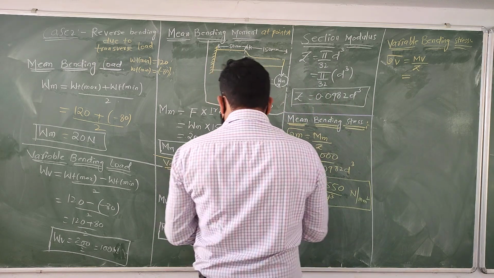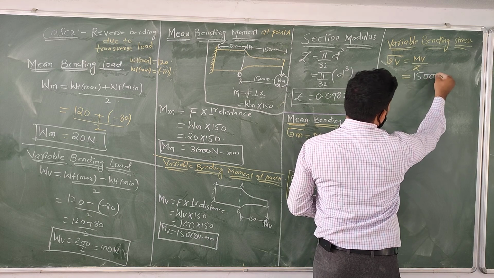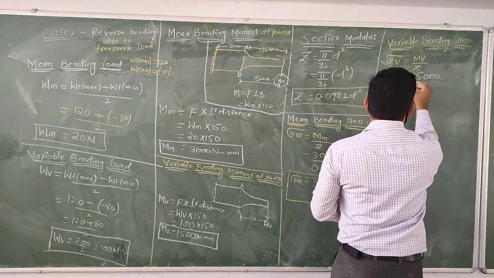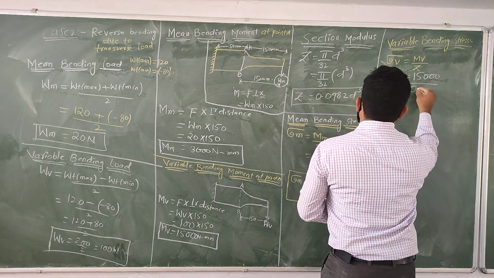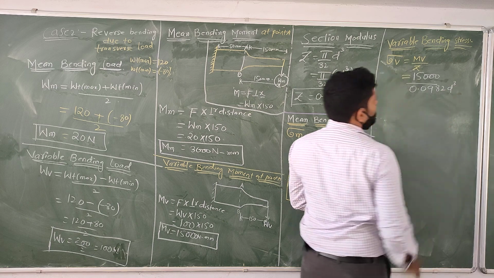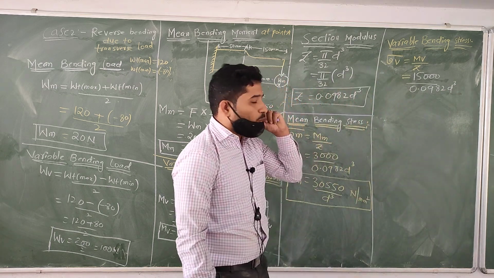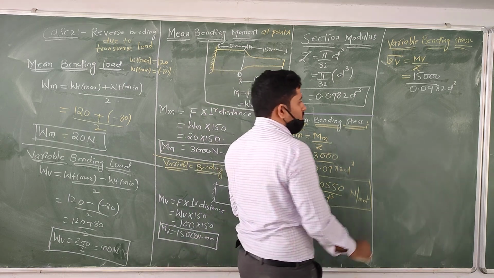Mv is 15,000, divided by the section modulus, 0.0982 d cube. So if you calculate 15,000 by 0.0982, you will get the value 15270.